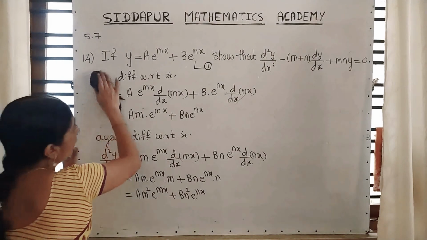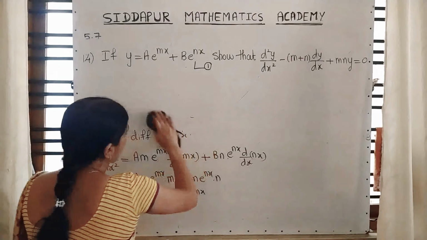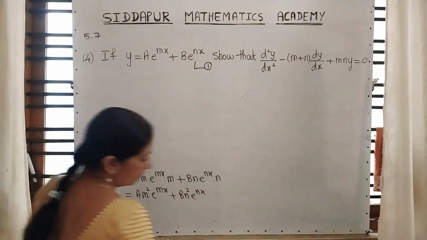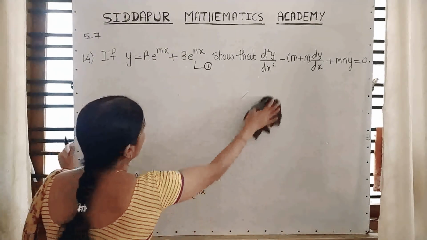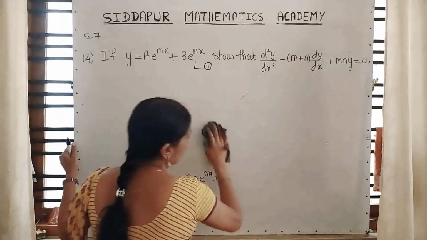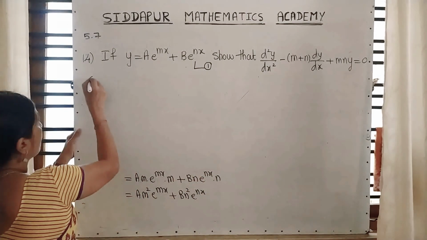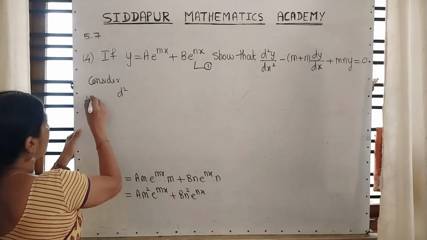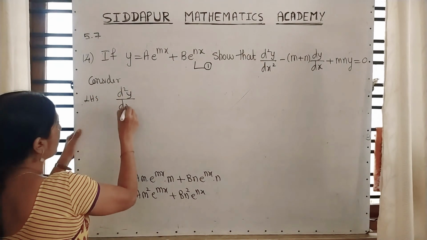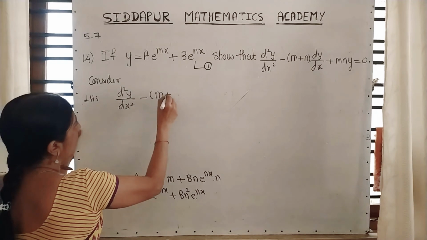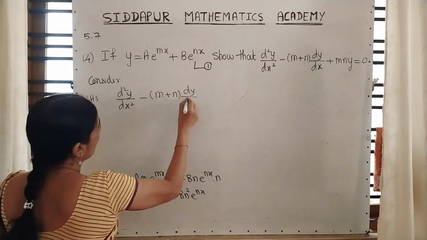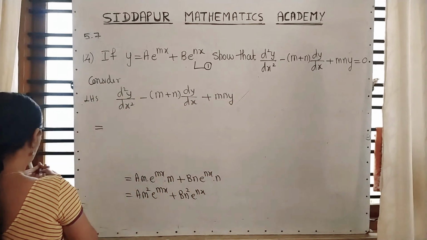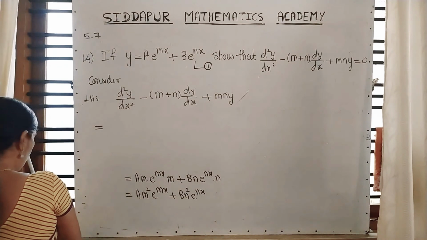Now I am writing the left side. In the left side, I will substitute all the values. First, write on the left side. Consider LHS: d square y upon dx square minus m plus n into dy upon dx plus mn into y. Write down all the values one by one.